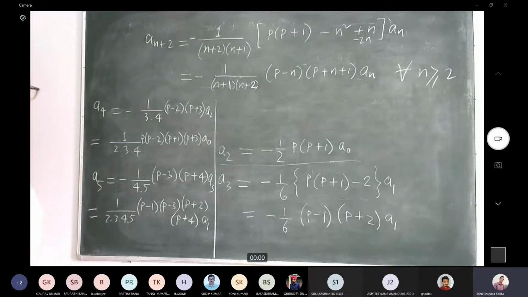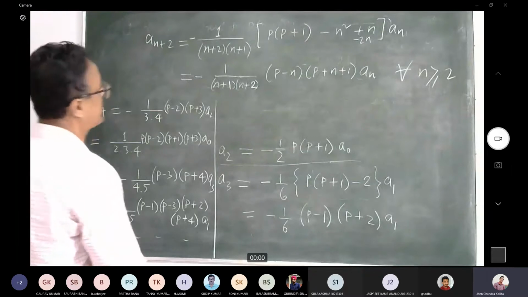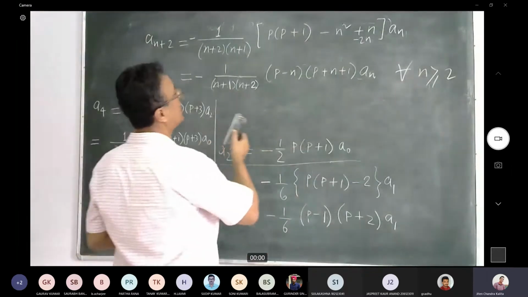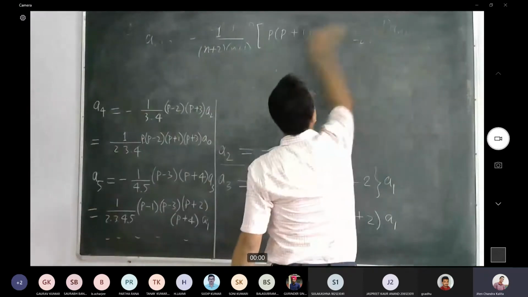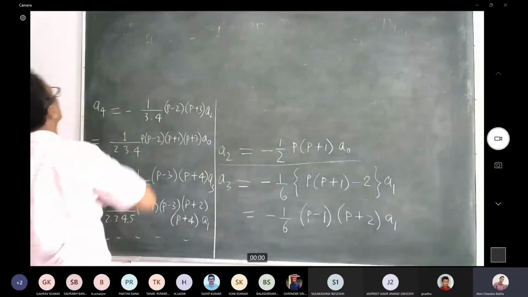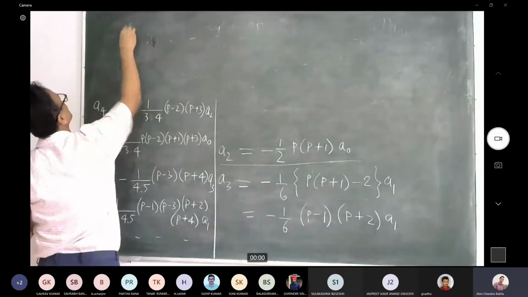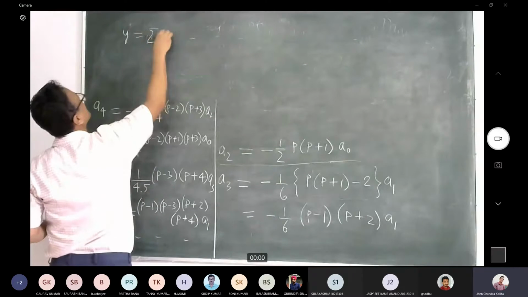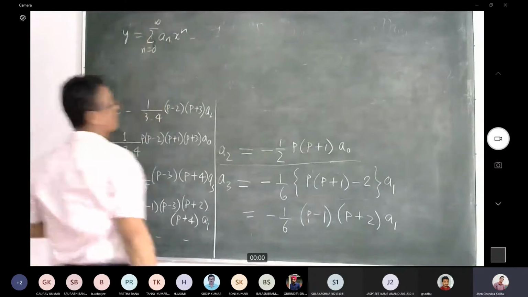So using all these, and similarly I'll be able to get a6, a7, etc. So using all these coefficients, what I'm going to get, like if you recall, my series was y equal to sum of a n x to the power n going from 0 to infinity.